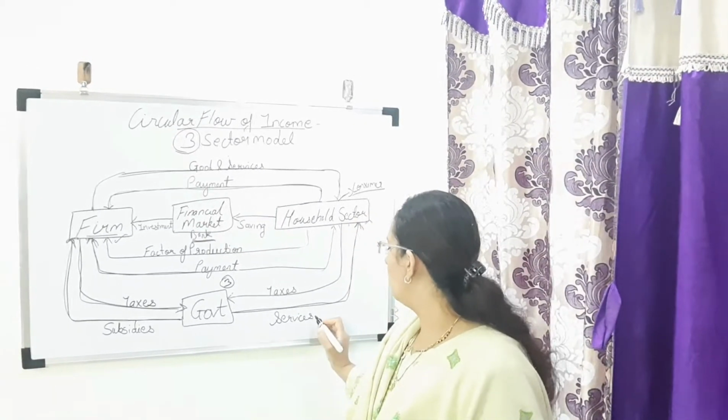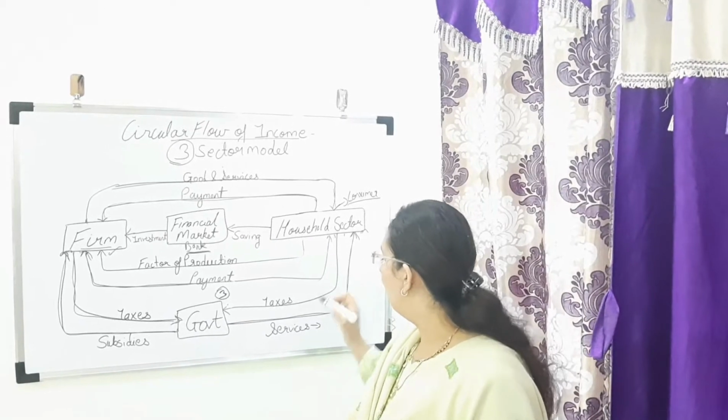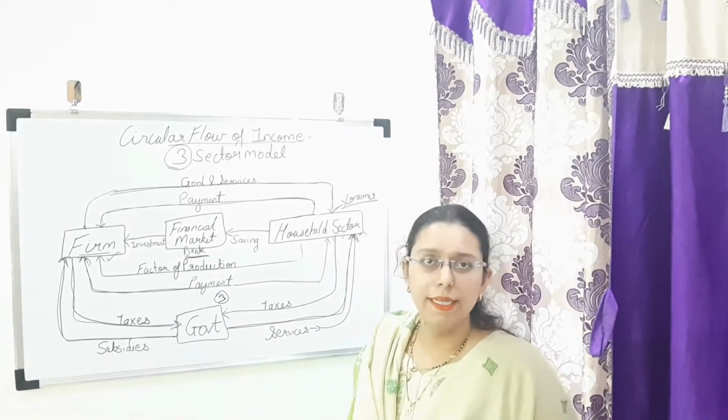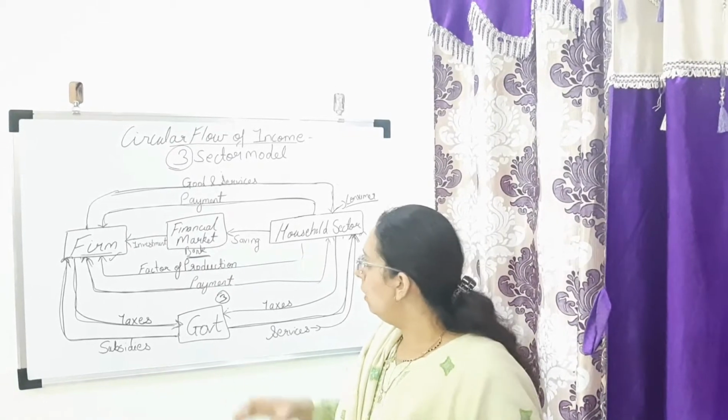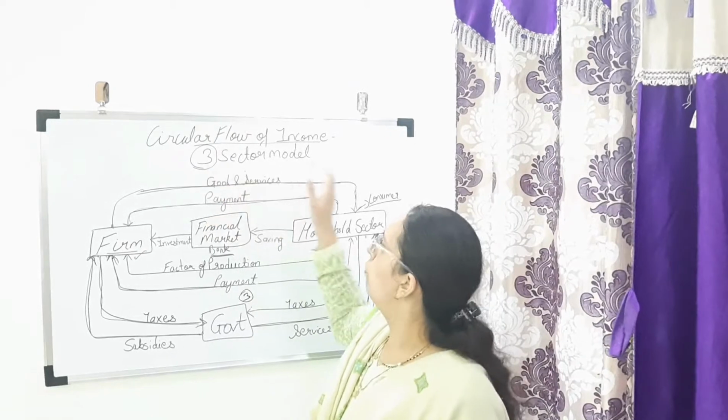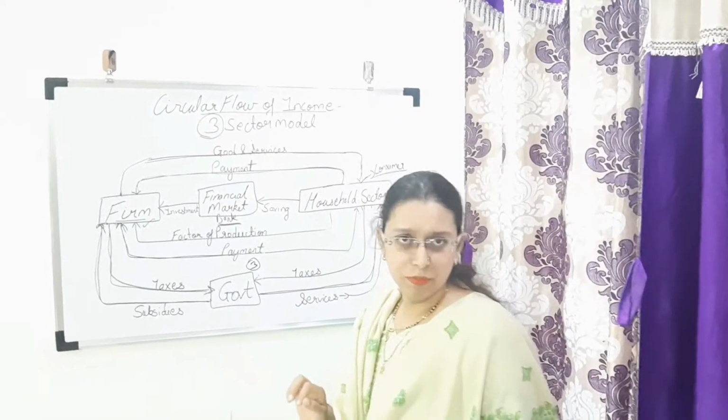All these services are provided by government to the household sector, that is the consumer. So the third sector that comes in the circular flow of income is government.